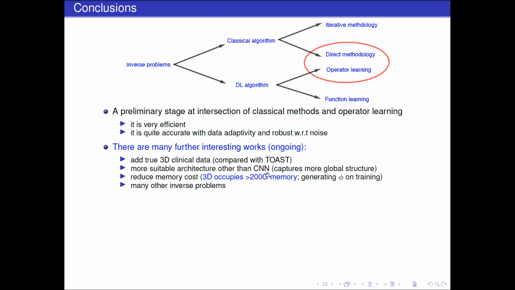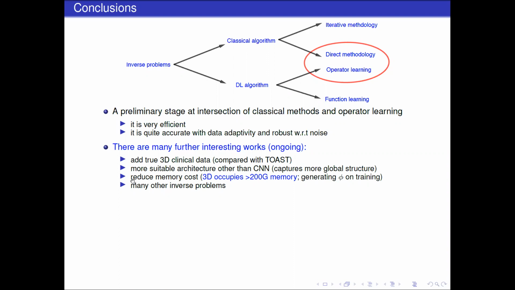The problem of CNN is that it is indeed global, but if you really want to use CNN to capture the global structure, you have to use very deep CNN layers, and that will make the training much more difficult. There are more advanced architectures nowadays, and we want to look in this direction.